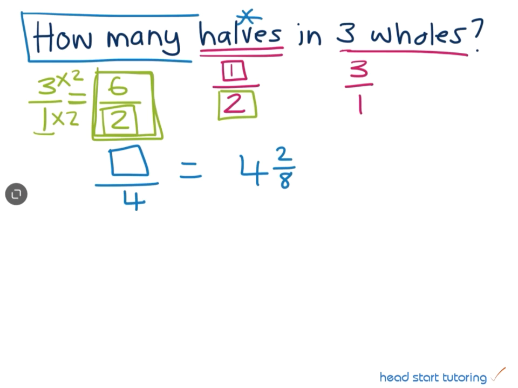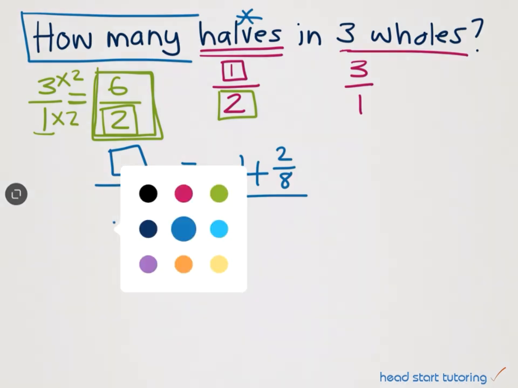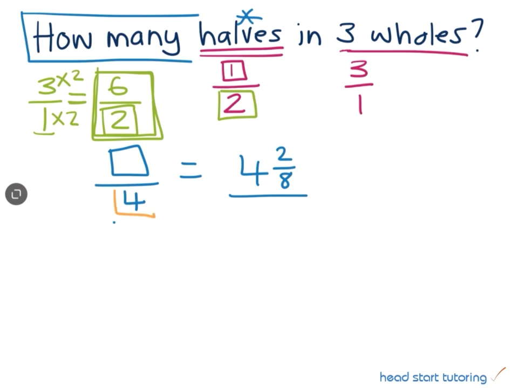We need to understand that a quarter is something out of 4. So we now need to convert this fraction into an improper fraction out of 4.